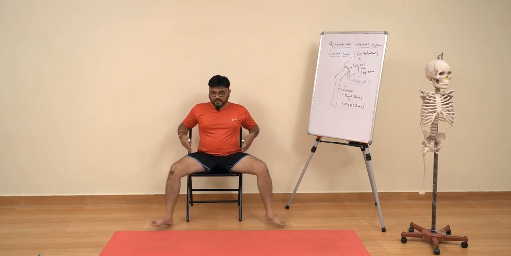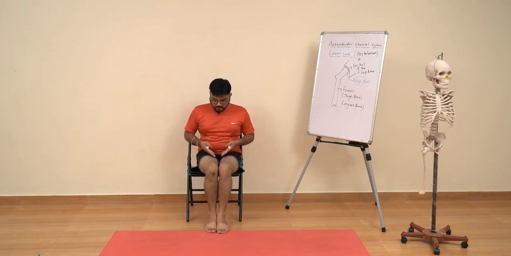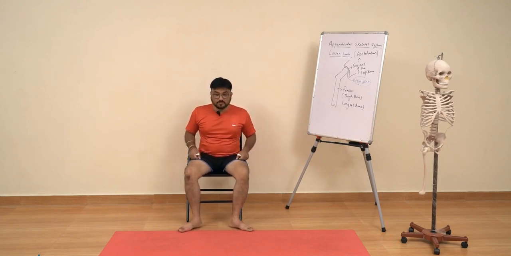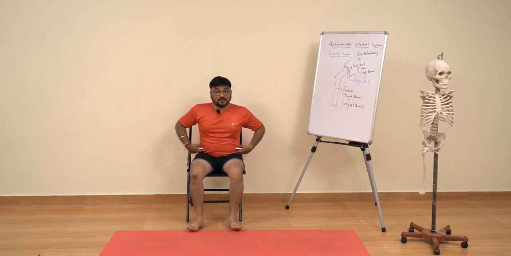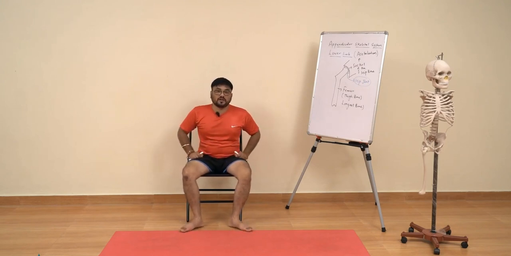I never say to do it this way, but we can do a slight movement. You can keep your hips shoulder-width apart and do this in between, with ankle external rotation, or outward rotation of the ankle, and you can feel that you are creating some space in your hip joint.